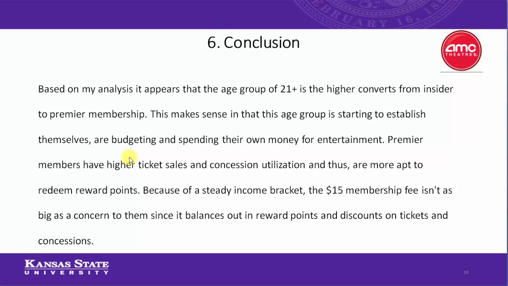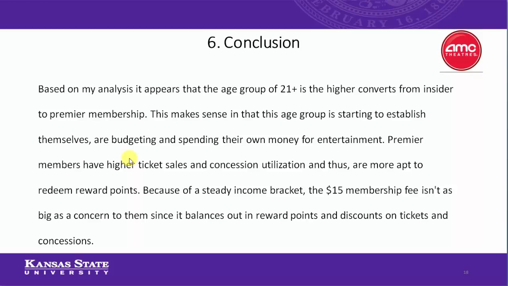So for the conclusion, based on my analysis, it appears that the age group of 21 plus is the highest converter from Insider to Premier membership. This makes sense in that this age group is starting to establish themselves, budgeting and spending their own money for entertainment.